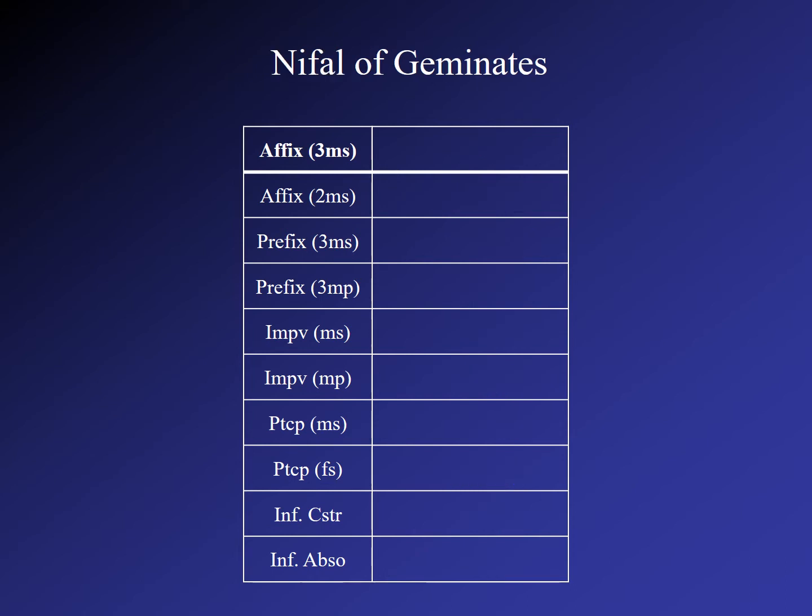We also find geminate roots in the nifal, so we'll do the same chart, this time in the nifal. The affix, third masculine singular, nasav, second masculine singular, nesabota. Prefix form, yisav.